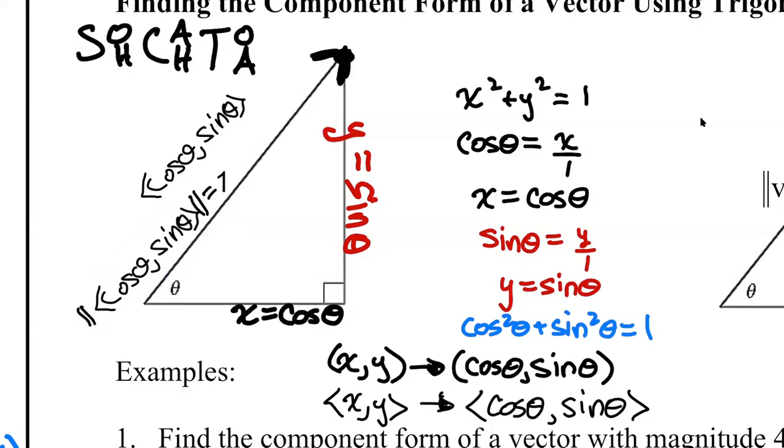So that vector itself is just cosine theta comma sine theta, depending on theta. If theta is 30 degrees, it's still going to have a magnitude of 1. If theta is equal to 170 degrees, still a magnitude of 1. If theta is equal to 1 degree, still a magnitude of 1.